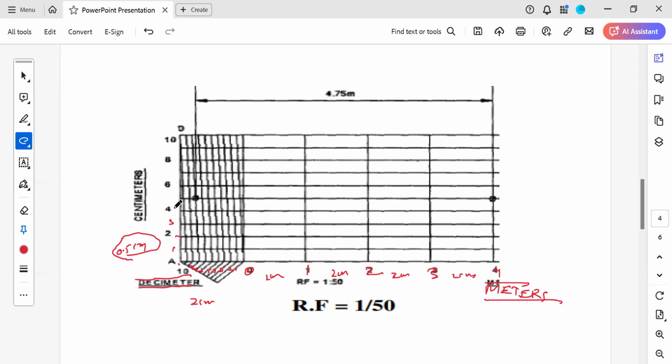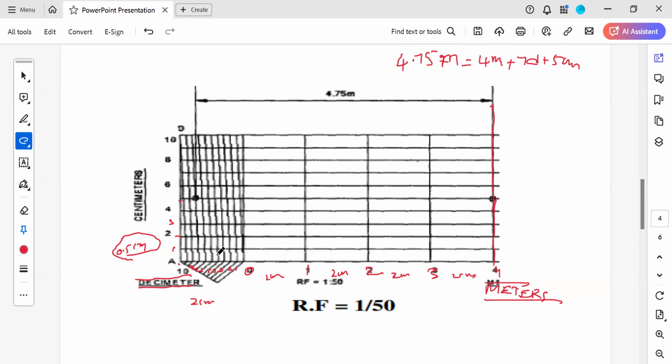Now they ask to find 4.75. 4.75 meters can be written as 4 meters plus 7 decimeters plus 5 centimeters. First we will note the 4 meters. Here we will make one vertical line at 4. Next is 7.